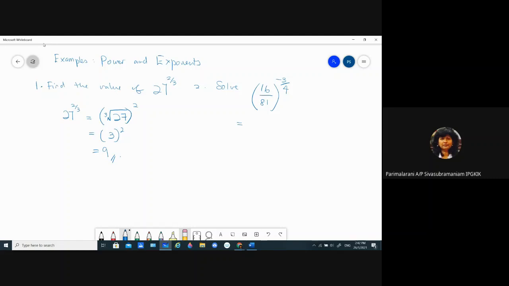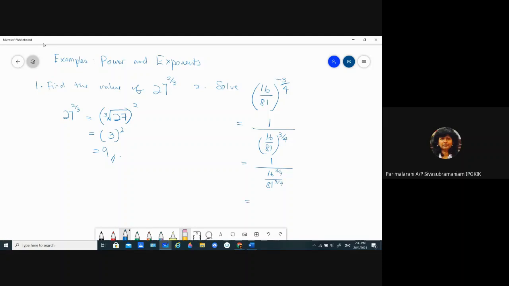Later when you're solving questions like this, you can skip steps, and there's a shortcut we can use. For now, if the power is negative, then it's 1 over 16 over 81 to the power of 3 over 4. What this means is 1 over 16 to the power of 3 over 4 over 81 to the power of 3 over 4, correct?